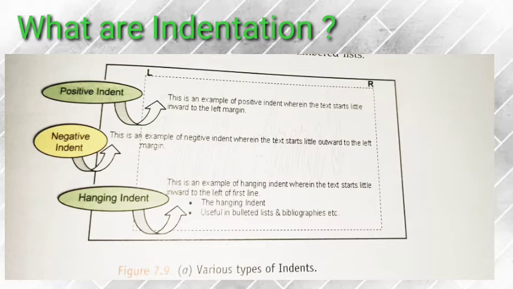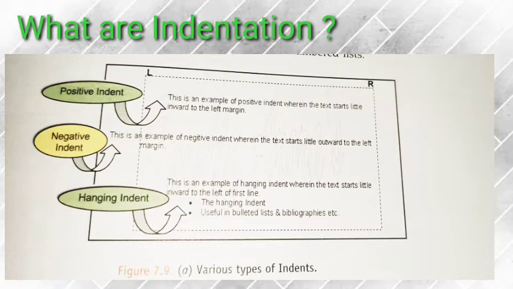So this is how whenever you adjust your page margin and whenever it is within the margin it is called as positive. When it goes outside the margin, sometimes it happens that while writing the text it goes automatically to outside the margin area, so it goes to the text boundary, it crosses the boundary, so that is called as a negative indent.